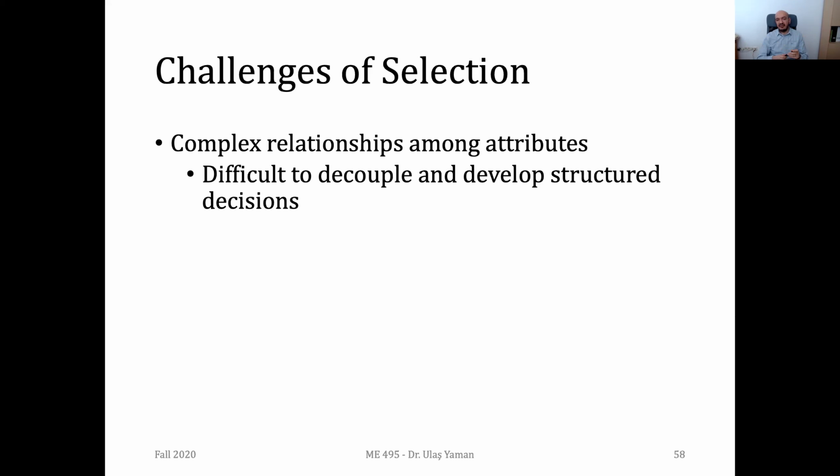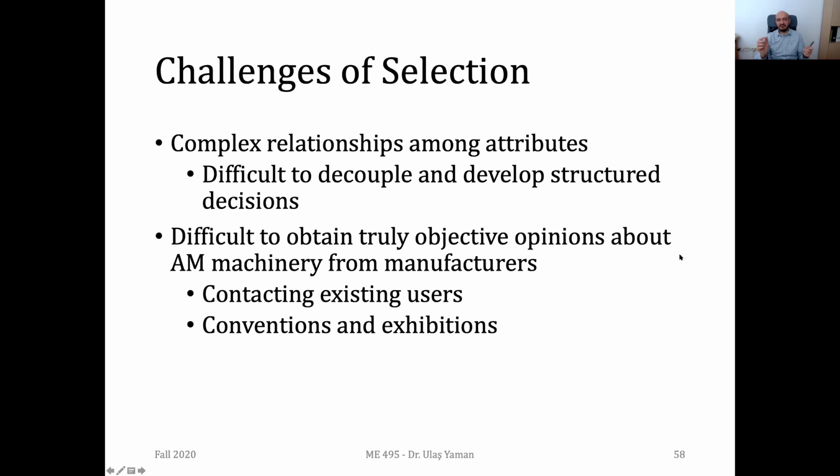For instance, if you increase the material density, then probably your cost will increase. So there are such relations between different properties, and it's quite difficult to decouple them. That's why we try to have kind of an estimate about this selection.